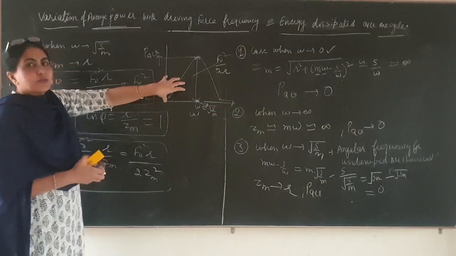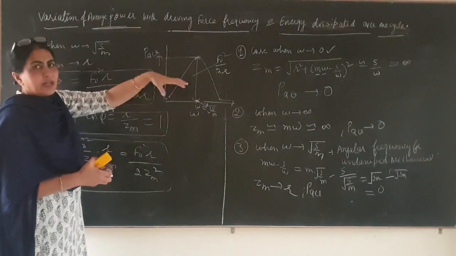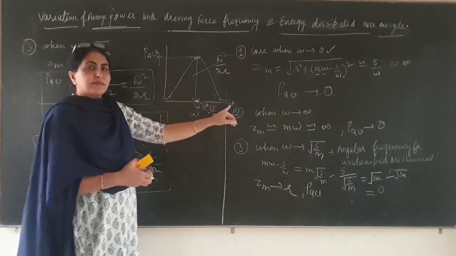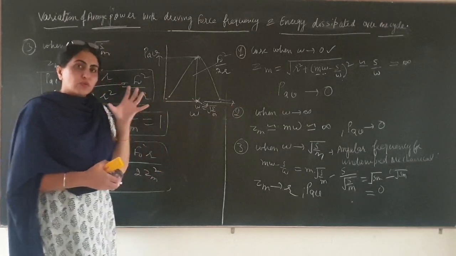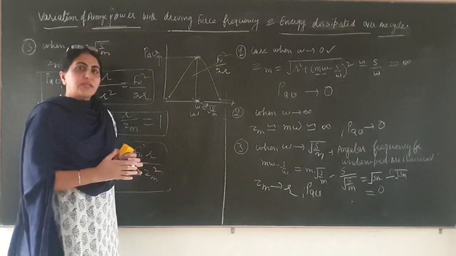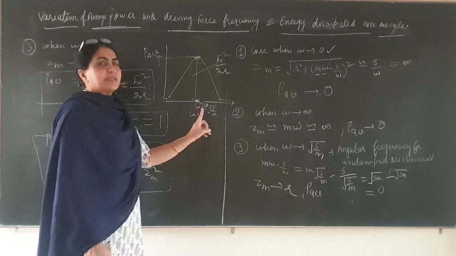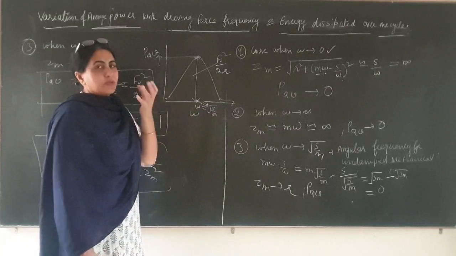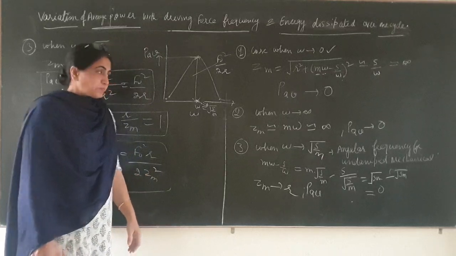This curve is also a symmetrical, normal-distribution-like curve, asymptotic to the x-axis: it doesn't touch the x-axis but gets very close. This is the maximum power supplied to an oscillator at frequency omega equal to the square root of s over m, which is why this is sometimes called the resonance frequency.